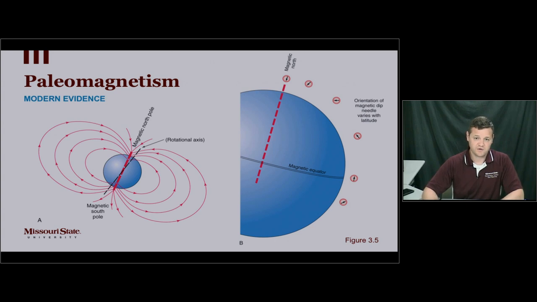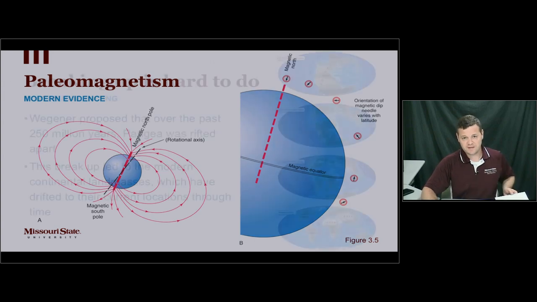This generates a large magnetic field, and that magnetic field flip-flops and also induces a reorientation of magnetic minerals in sedimentary and igneous rocks. They line up with the Earth's magnetic field, and that shows that the poles themselves, while the magnetic poles wander around a little bit, don't move as much as the continents would have shown. So the ancient magnetic characteristics of the rocks only make sense if the continents are allowed to move from place to place.